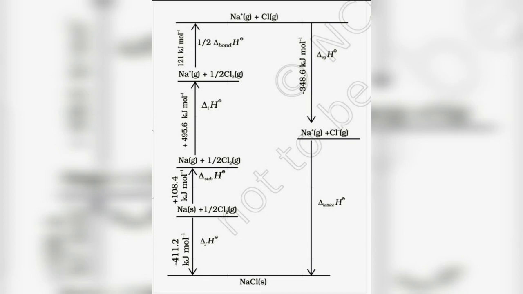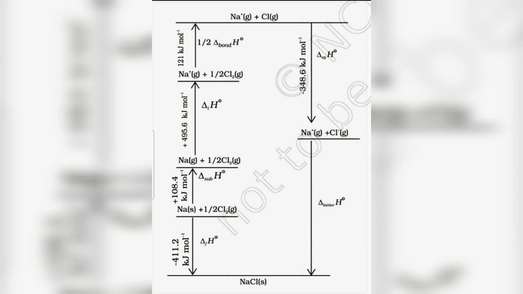When you combine that you get NaCl. That is the reaction, Na plus half Cl2 gives NaCl. First, sodium in solid state needs to be converted to gaseous state, so there comes delta H sublimation, the enthalpy of sublimation, and half Cl2 in gaseous state you write as it is.